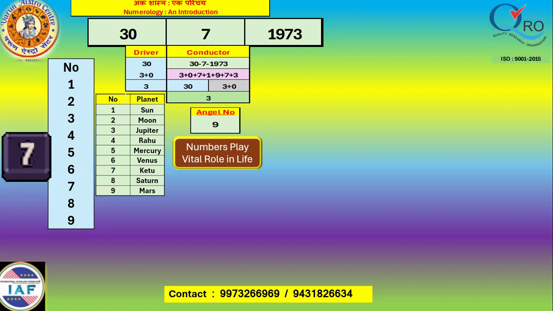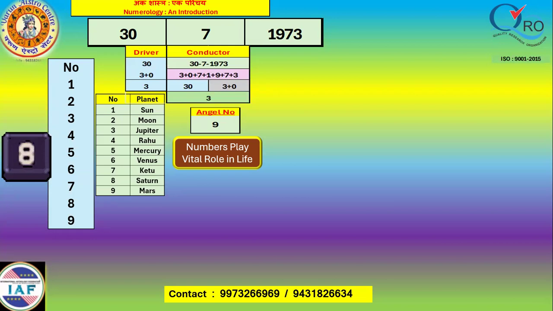So in this way, city number is also changed. The native's city may change frequently because of transfer, posting, etc. But not the name.